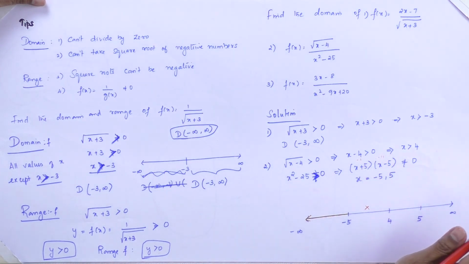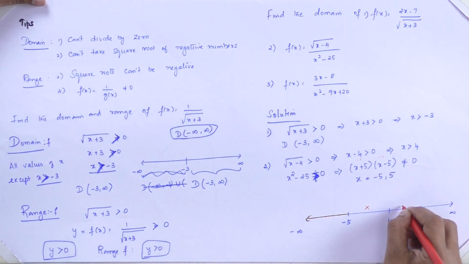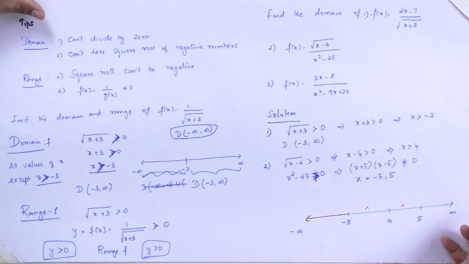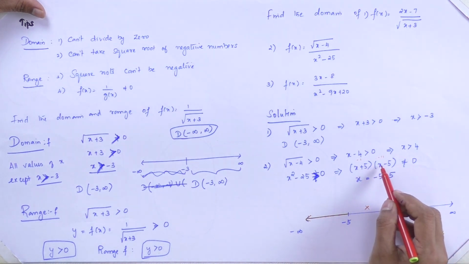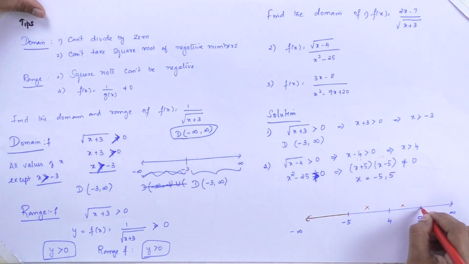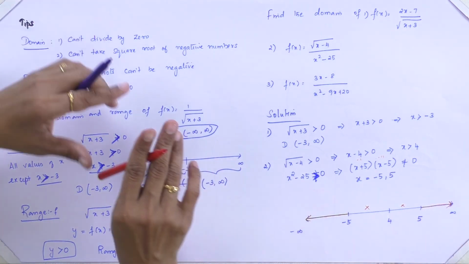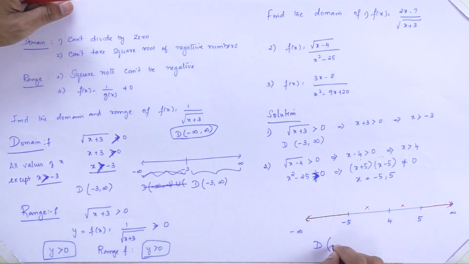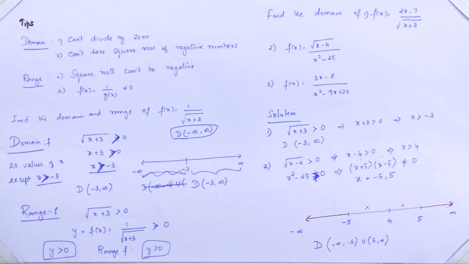So I will again have a negative value, and here also it will not have the domain. Whereas if it is greater than 5, say 6, I get 11 and 1, okay, here I will have the domain. Therefore, the domain of this function will be from negative infinity to minus 5 union 5 to infinity, right.